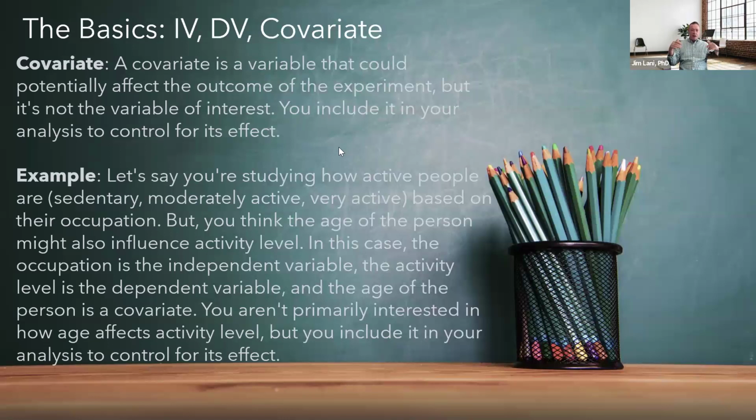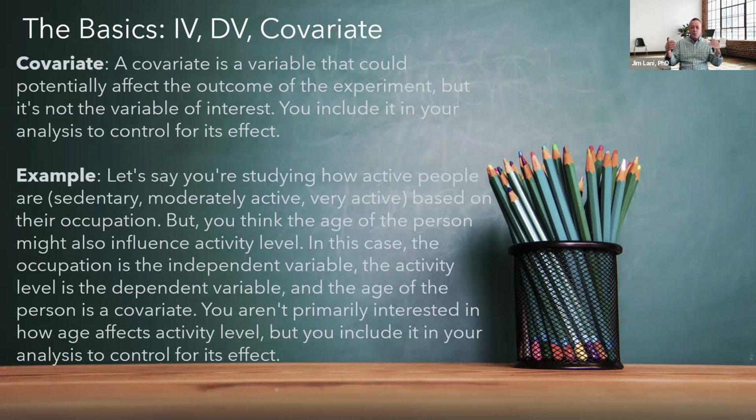Covariates are typically variables that you just want to kind of neutralize the effect of. So, for example, if I was looking to see if there were differences in one mile times by gender, but then I noticed all the males are 60, all the females are 30. Hey, maybe it's not gender that we're looking at, but age.